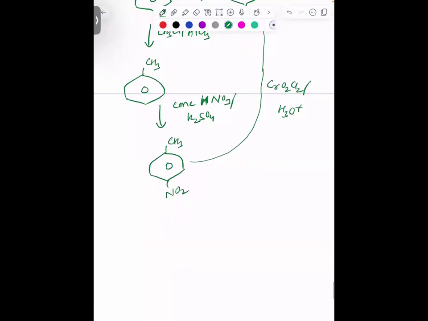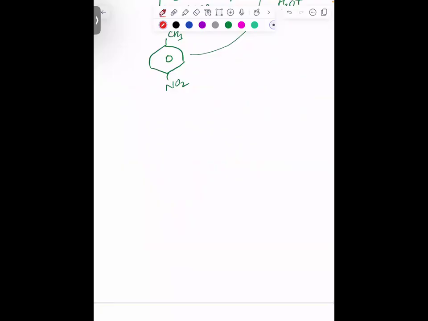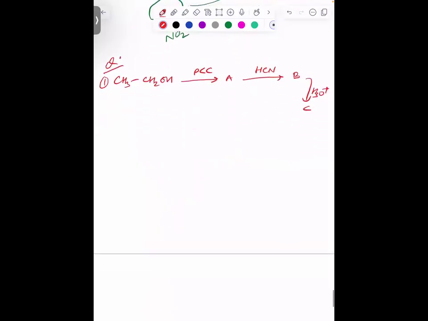Okay, then we will see some sequences of reactions. Then write down the questions.